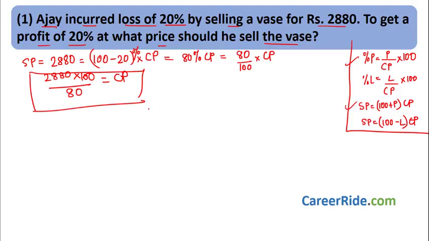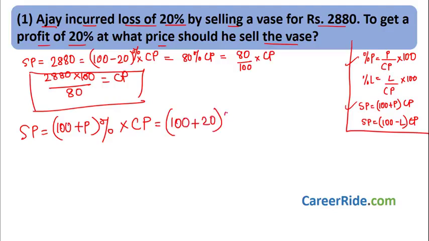Now what they want is, to get a profit of 20%, what price should he sell the vase? Now we saw what the selling price should be in case of profit. Selling price should be 100 plus the profit percentage multiplied by the cost price, that is 100 plus 20%. And what is the cost price? It is 2880 multiplied by 100 divided by 80.